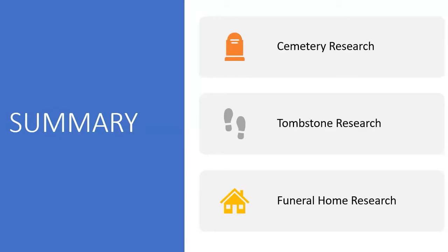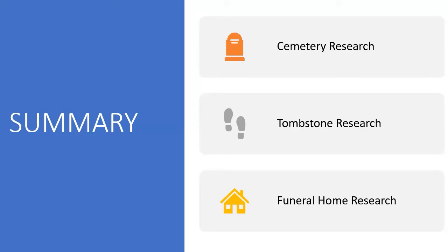So in summary, cemetery research is a neat way of getting to know your ancestor and his or her burial information. It provides a wealth of information through data and resources. Tombstone research also backs that up. You know where they're buried physically in the cemetery itself, and quite a bit of information on the tombstone can lead you to other information.